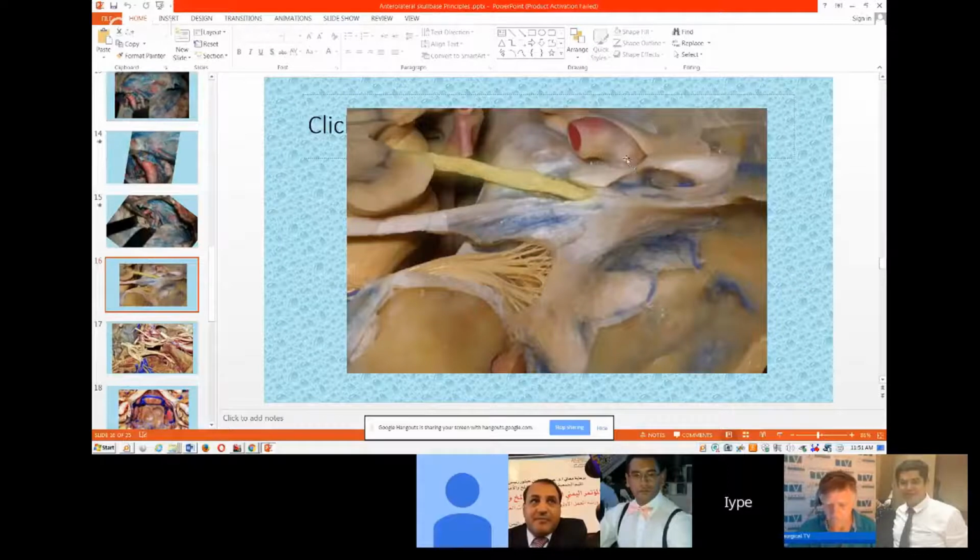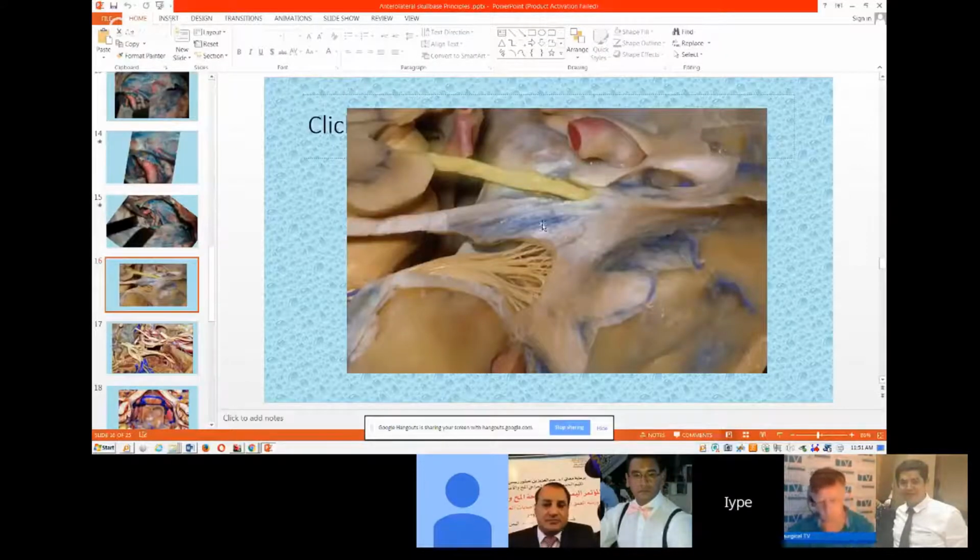So you can see after cutting the distal dural ring, you can see the vertical C3. C5 is going to be here, and C6 is going to be on the petrous. So that is the horizontal. So that is V1, V2, V3. That is a third nerve coming from the interpeduncular fossa, going into the oculomotor trigone.